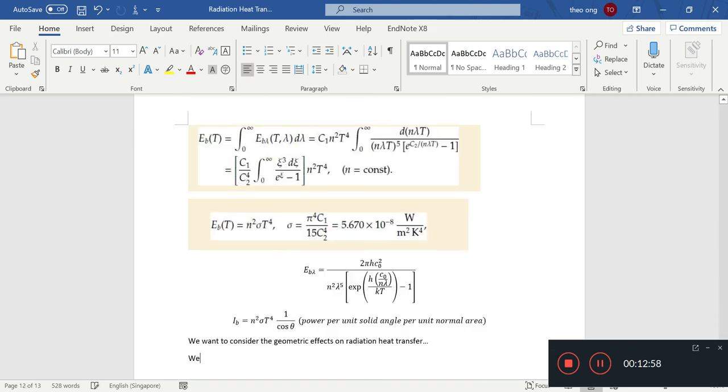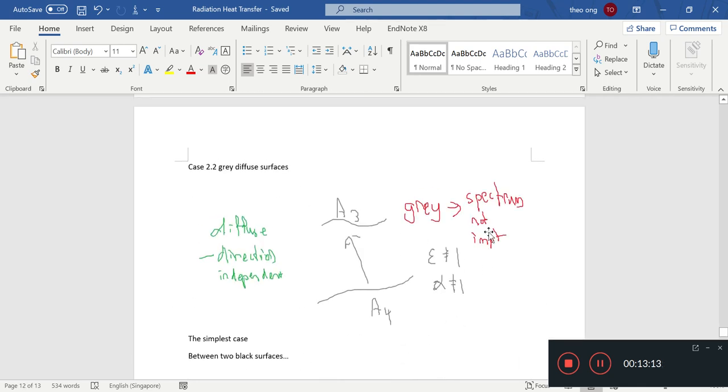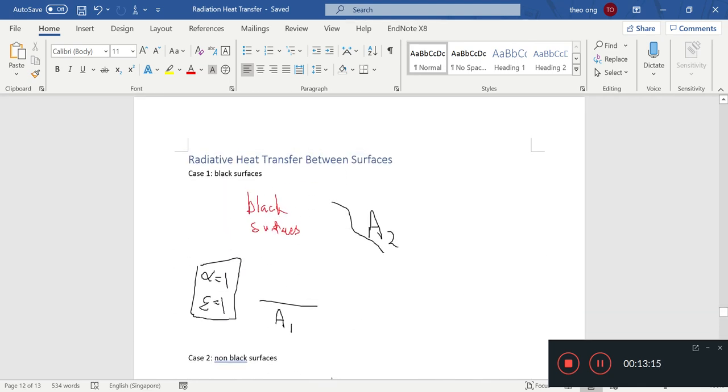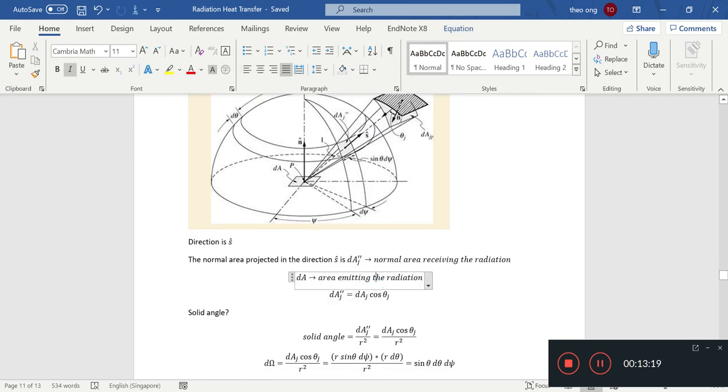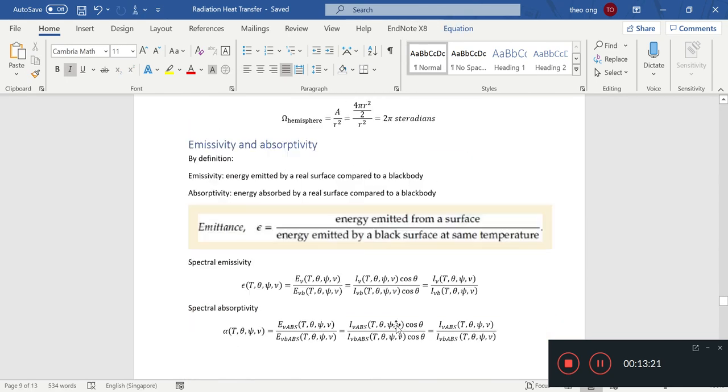We need to consider something called view factors, and that will take care of all this solid angle, orientation, etc. We will go through some revision on that, since we have already talked about a little bit of directional dependence.